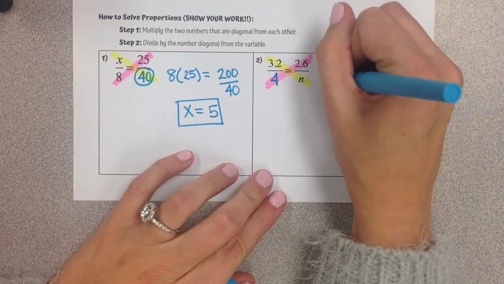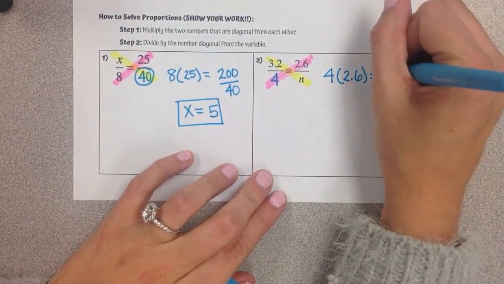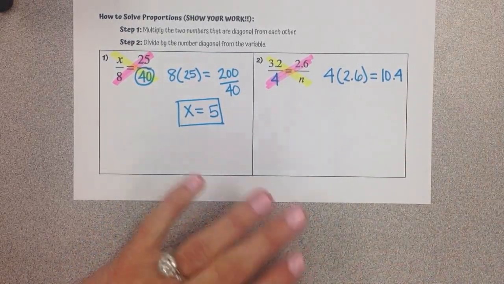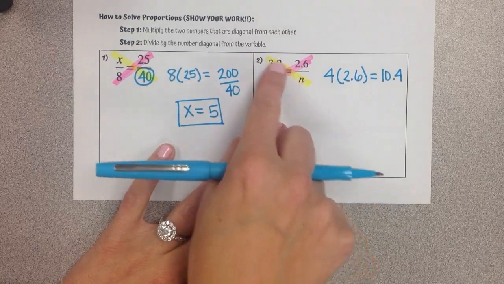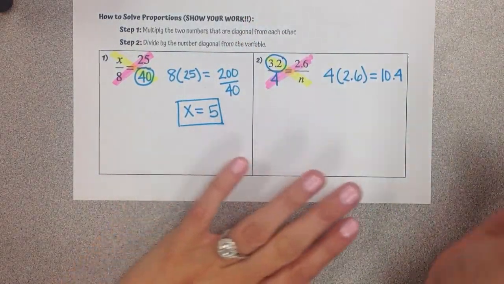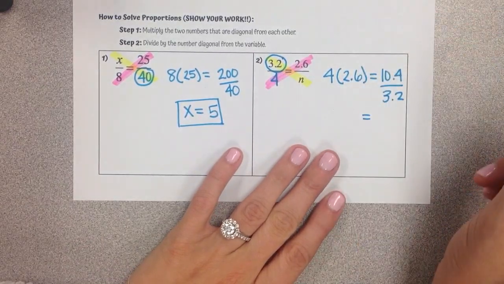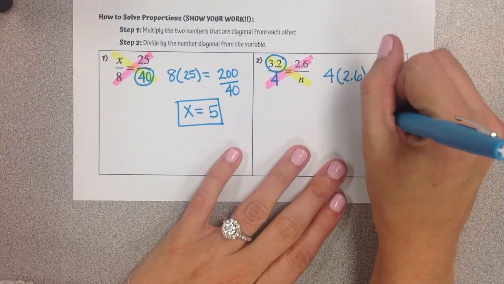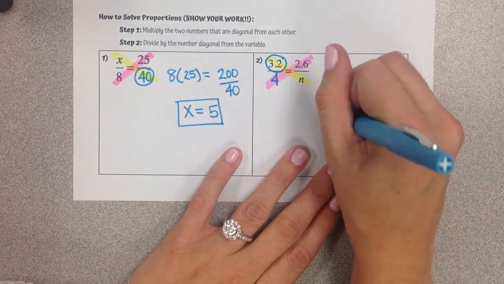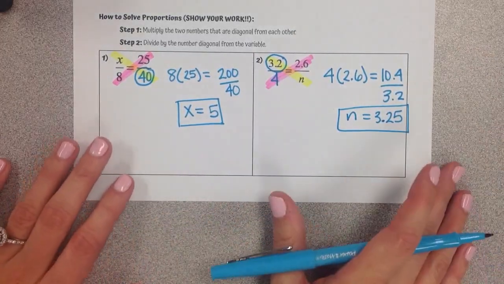So we have 4 times the other value, 2.6, equals 10.4. Now we look at the diagonal with the variable. N is in the yellow diagonal. I'm going to circle the number that's in the same diagonal with it, and that's what we're going to divide by. So 10.4 divided by 3.2, we get 3 and 25 hundredths. So the value of n is 3.25.